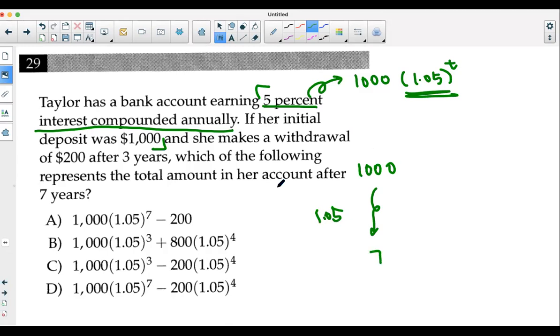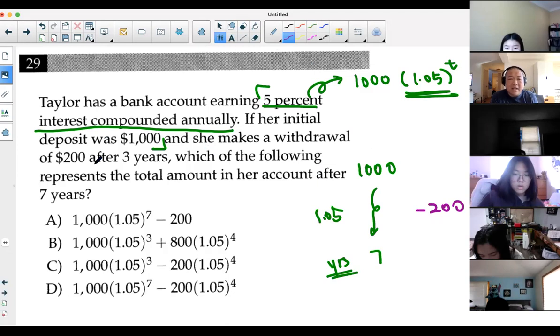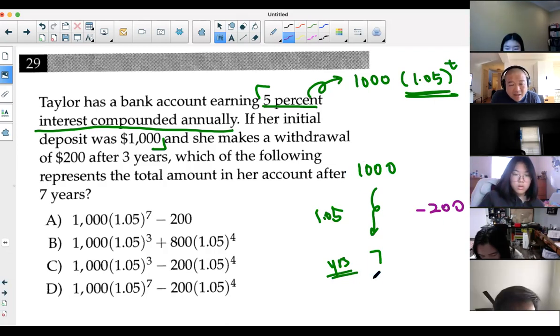It would have. But the thing is, after year 3, he ended up taking $200 off. Guys, hear me carefully. Where did he take off $200? He didn't take off $200 from $1,000. No. He took off $200 in the middle of accumulating interest.